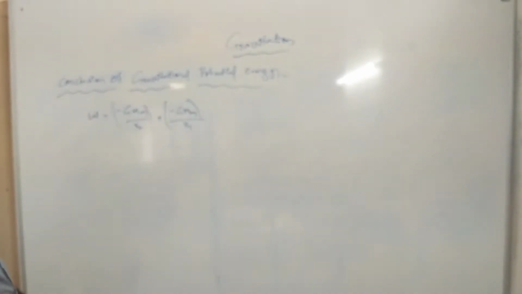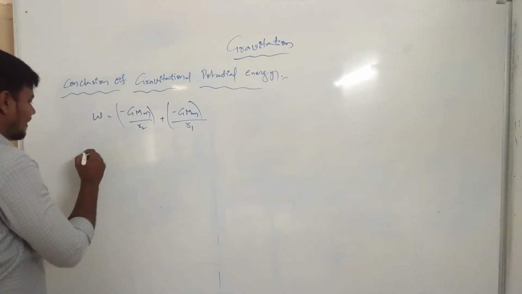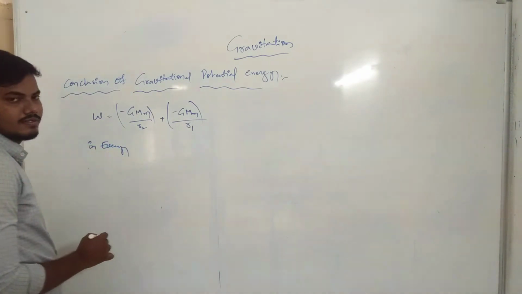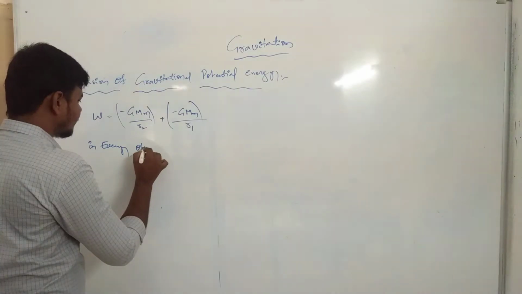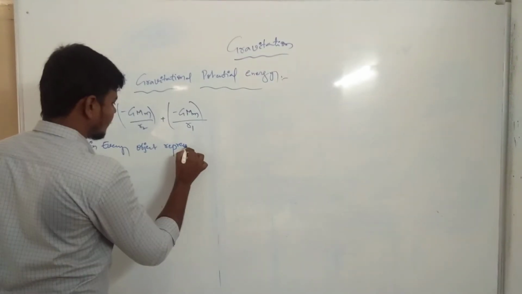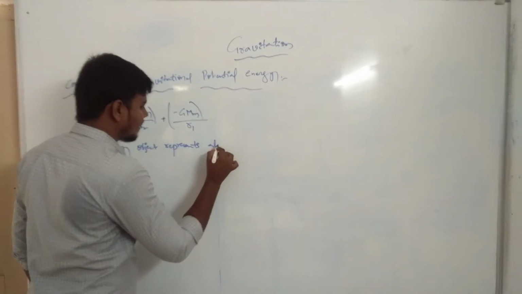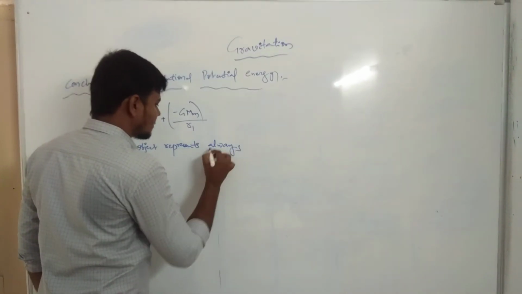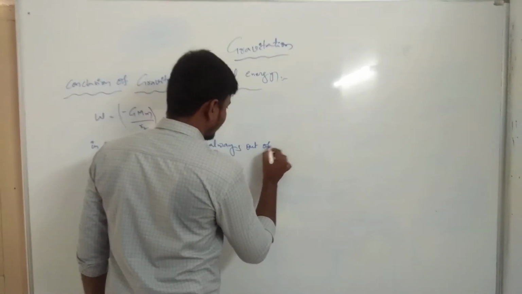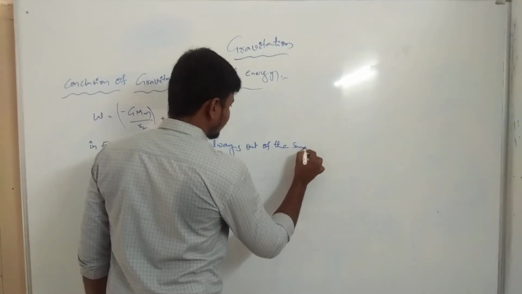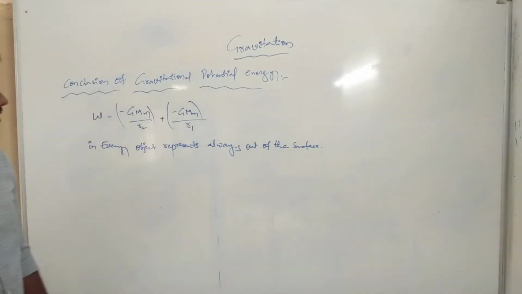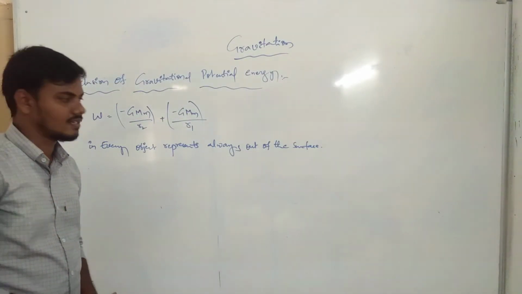Now the conclusion we can take is that every object always represents out of the surface.